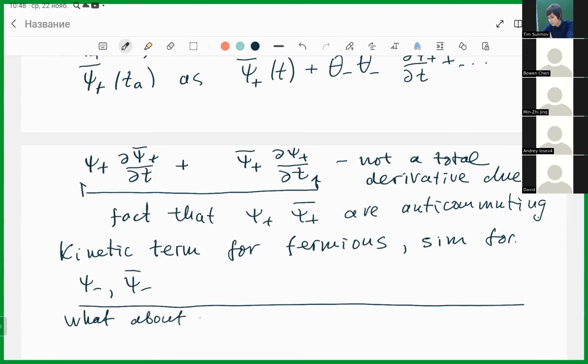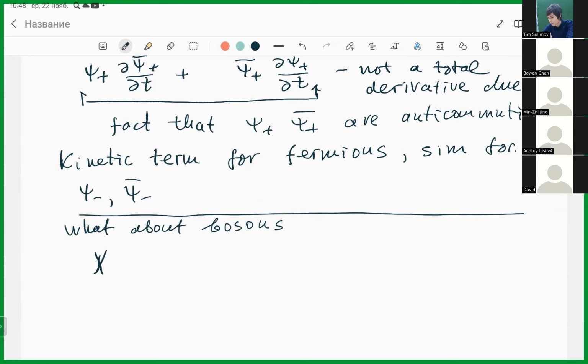What about boson? I had x. I have x depending on T chiral and x bar depending on T antichiral.